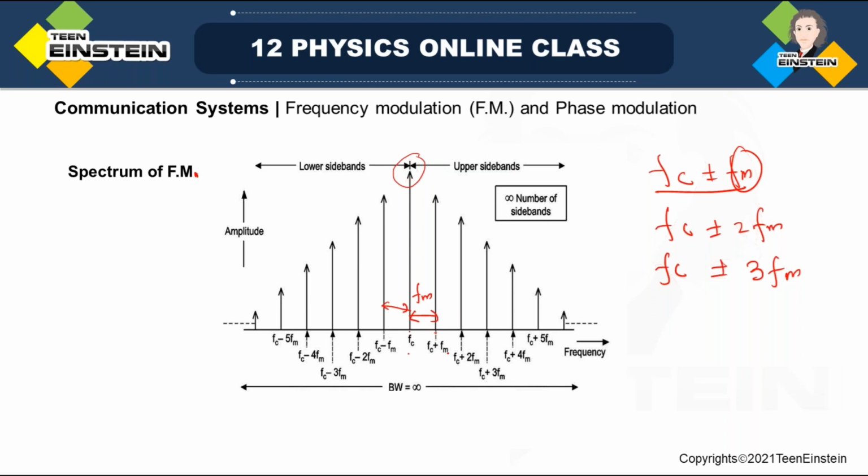So fc plus fm and fc minus fm are symmetrically situated on either side of fc, and these two are separated by fm, where fm is the frequency of the modulating signal.